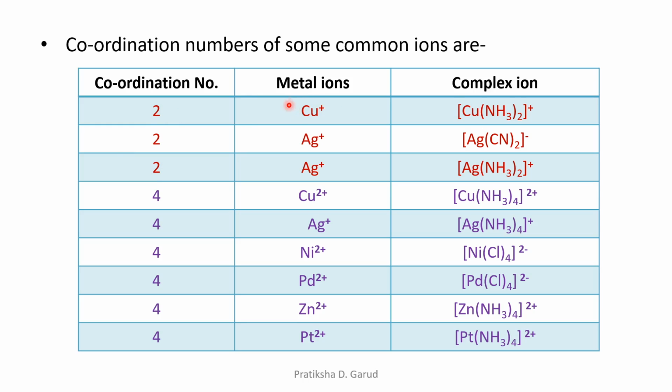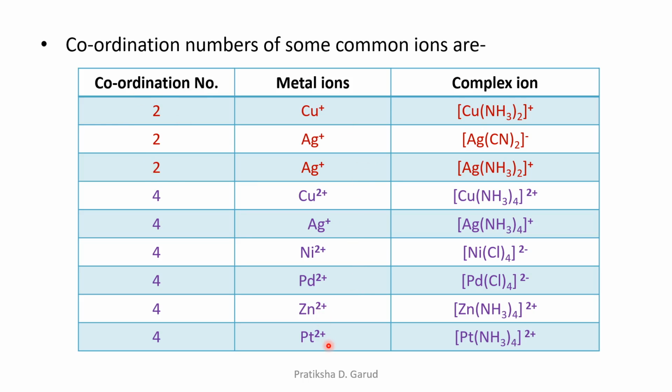If we take the first example, the metal ion Cu+, it should be attached to 2 coordinating groups. So it is [Cu(NH3)2]+, right? The second is Ag+. It is again attached to 2 CN. Again Ag+, it is attached to 2 NH3, right? So in this way, coordination number 2 means the metal ion is attached to 2 coordinating groups.